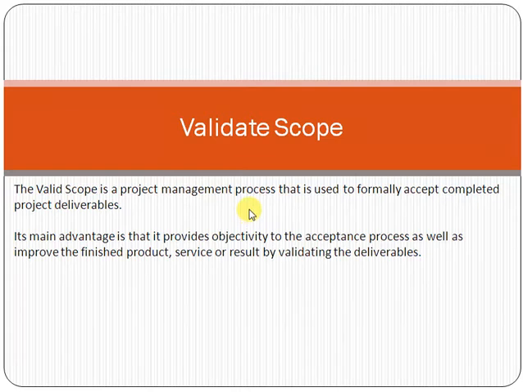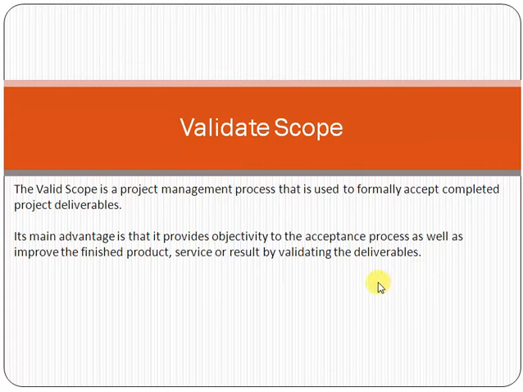It ensures the formal acceptance of completed project deliverables. Its main advantage is that it provides objectivity to the acceptance process, as well as improving the finished product, service or result by validating the deliverables.